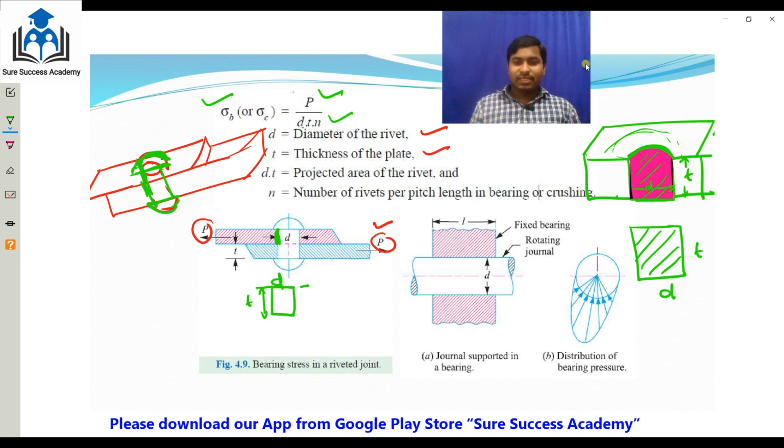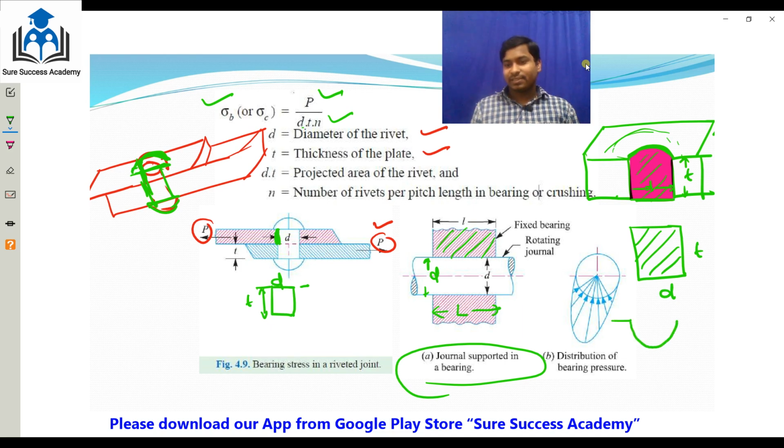If you see a journal bearing, this is the diameter d, and this is the cross sectional area. You will see d, and this is the length of the supporting length.